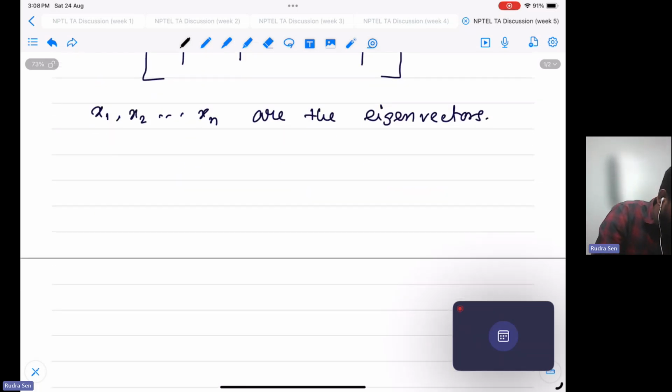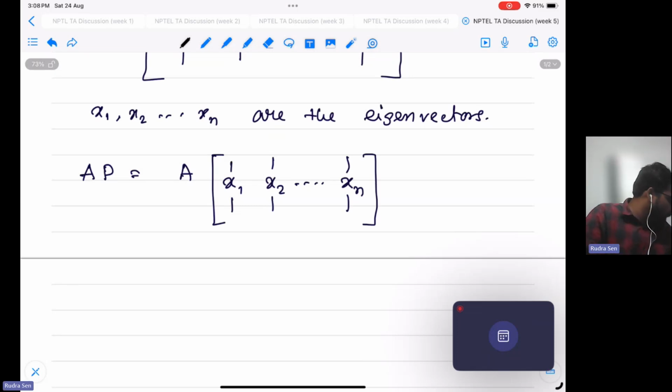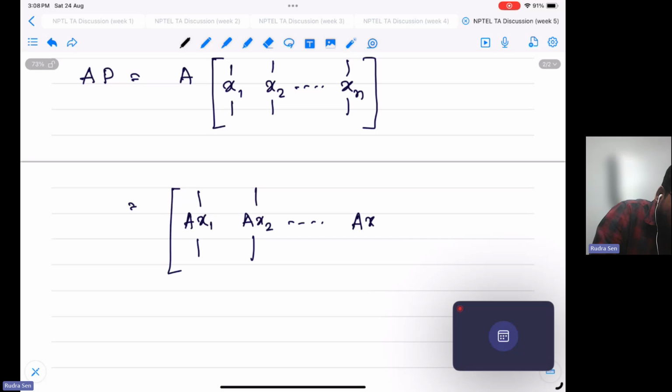Now we multiply A with P. So we get A multiplied with x1, x2, up to xn, which gives Ax1, Ax2, up to Axn, right?